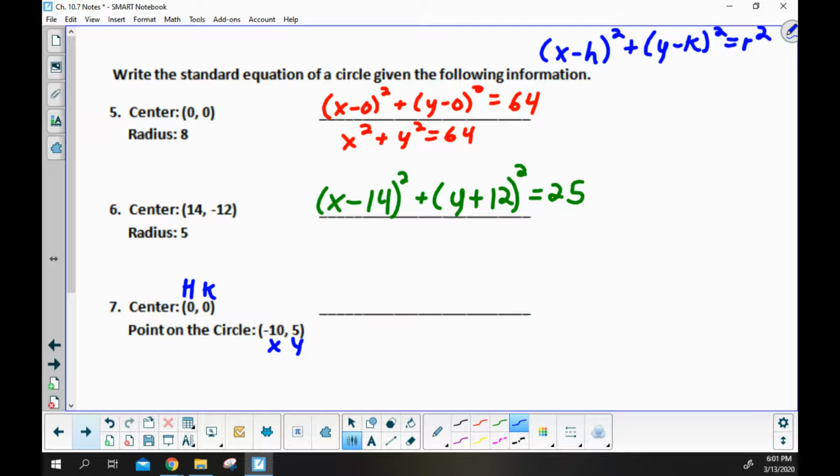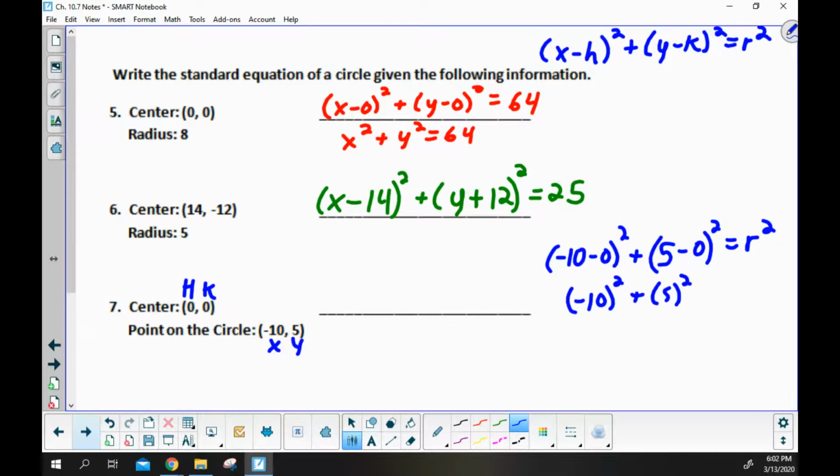So if we think about (x - h)² + (y - k)² = r², well, if my x is -10, (-10 - 0)² + (5 - 0)² = r², that's (-10)² + 5² = r². That's 100 + 25, so r squared equals 125. Now, if I really want the radius, I can take the square root of that, which is 5 root 5. But I don't need to, because I need r squared. I don't need r. I need r squared for my formula.